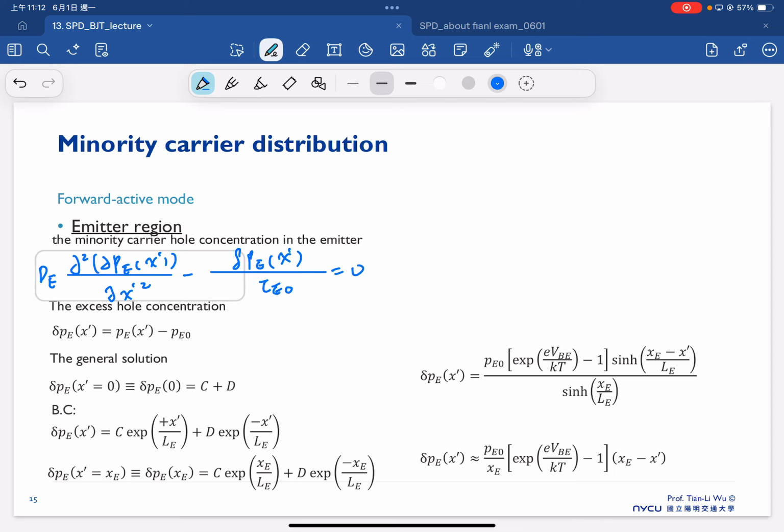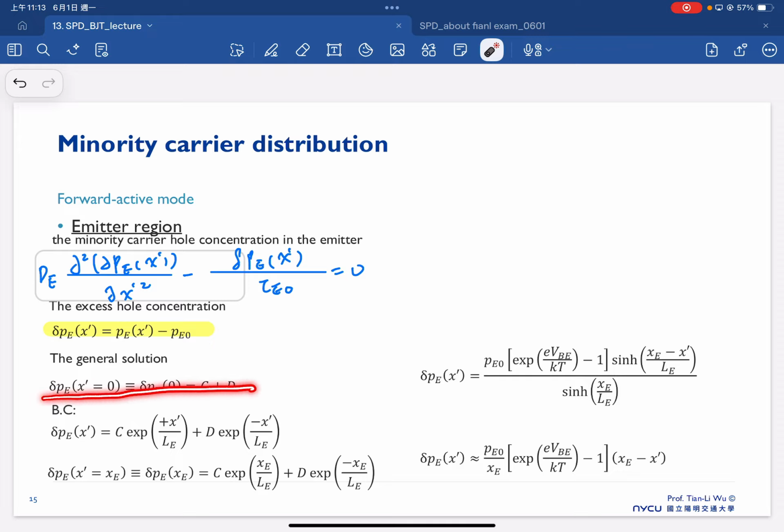These equations are very similar to the base that we used. The excess hole concentration for the emitter region is here, and we get the same general solution.